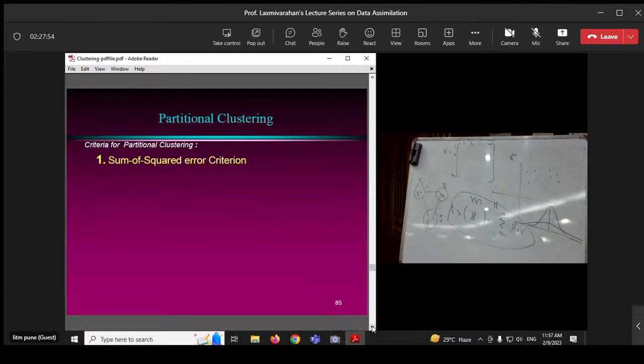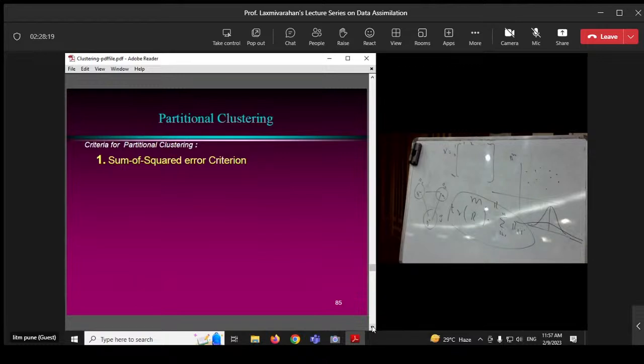Now, I'm going to use the criteria. Until now, in the hierarchical clustering, I did not work for optimality. I let things take care of themselves based on the increase in variance or minimum distance or maximum similarity. Are you with me, please? So that's one criterion.